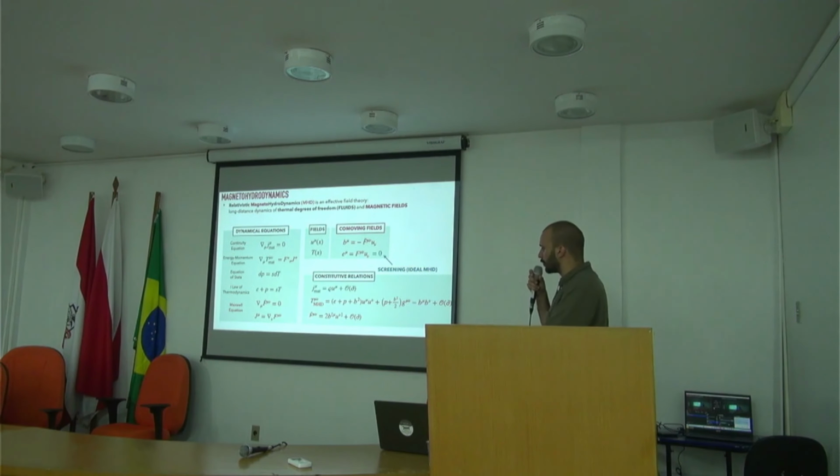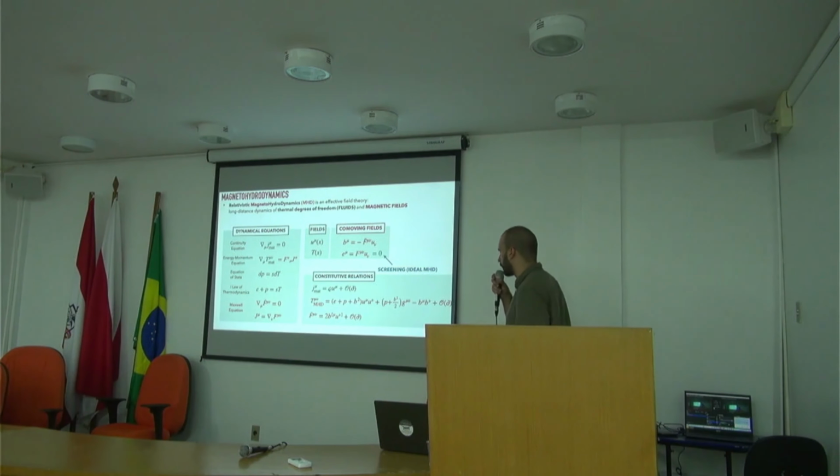And the same is true for the dual field strength, and therefore also for the normal field strength. So this is basically the setup that we need in order to address typical astrophysical problems in relativity.